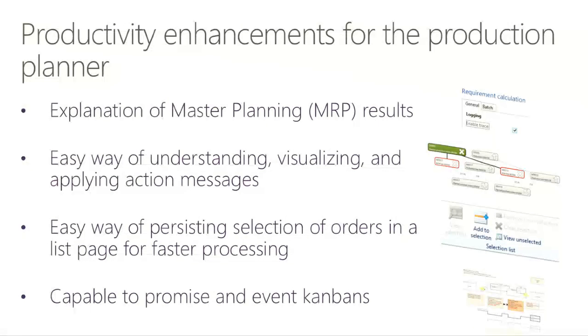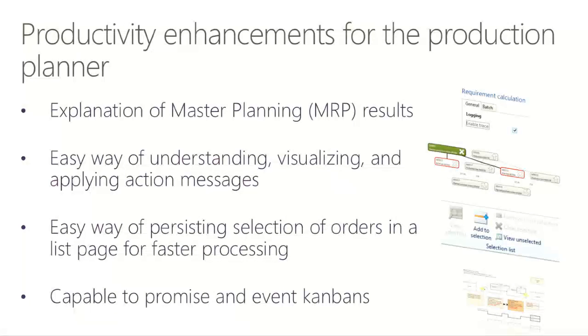So it can tell you to increase an order, decrease an order, move it forward, move it back, maybe even cancel it. So we'll try to optimize it. And now we have created a tool where you can automatically apply these changes to the orders with one click. And on top of that, we have some visualization where you can see the dependency between actions. Because if you cancel one order, it might have impact on others.